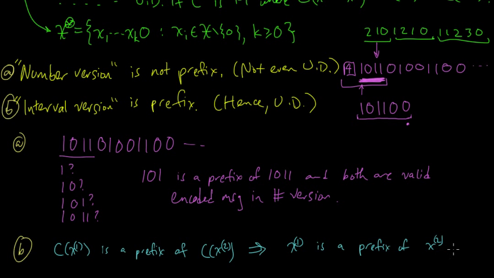So why is that the case? Well, first of all, supposing that this is true, I'll explain why that's true in a second. But if that were true, this cannot happen unless x1 equals x2, because if x1 is strictly a prefix of x2, then this always ends in a 0, right?